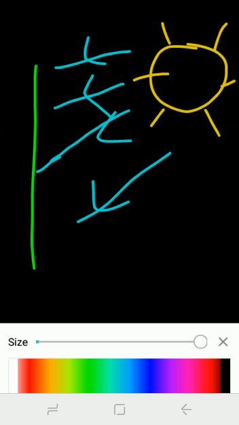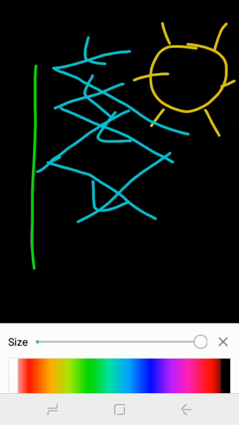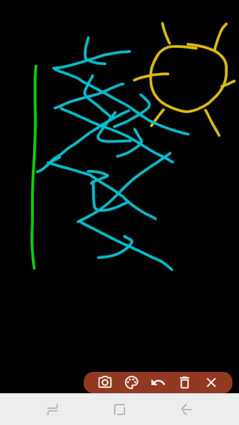Now the rays of light will get bounced back. Okay, bounced back, and that bouncing back of light, the phenomenon of bouncing back of light, is called reflection.